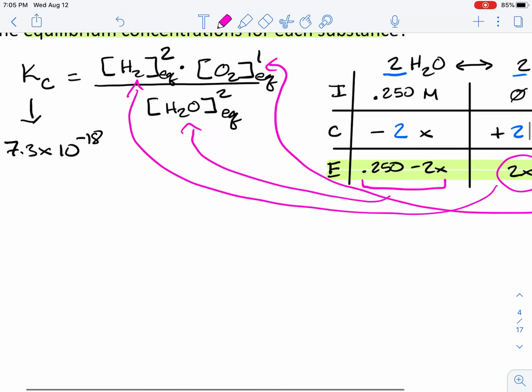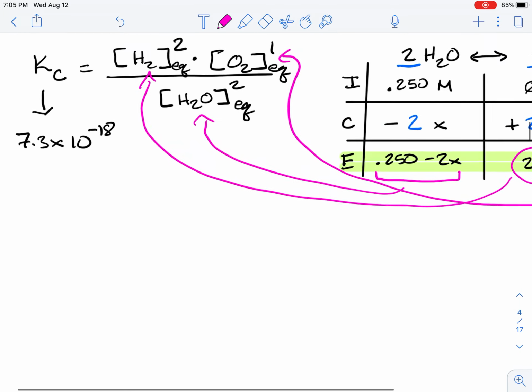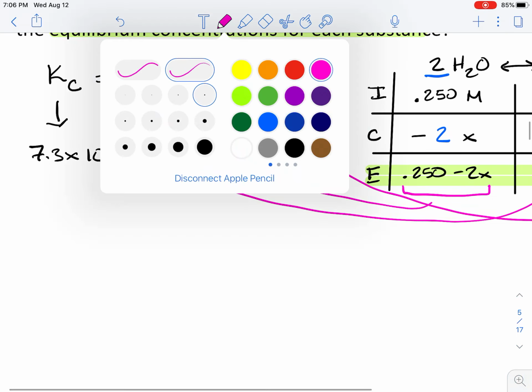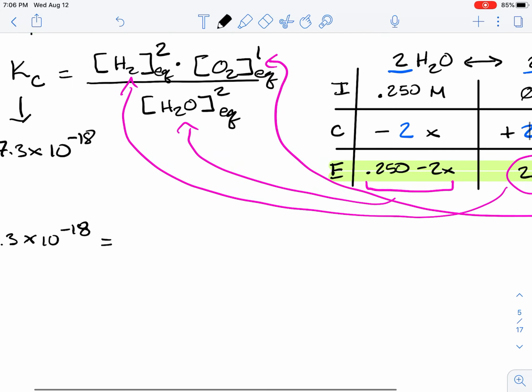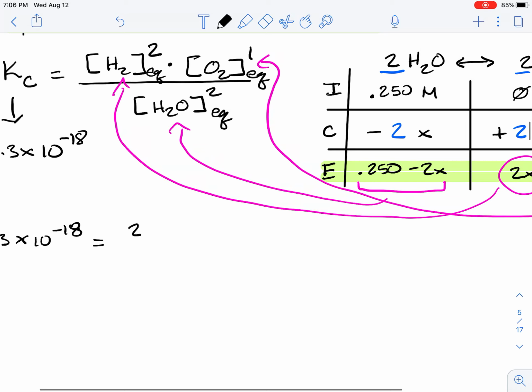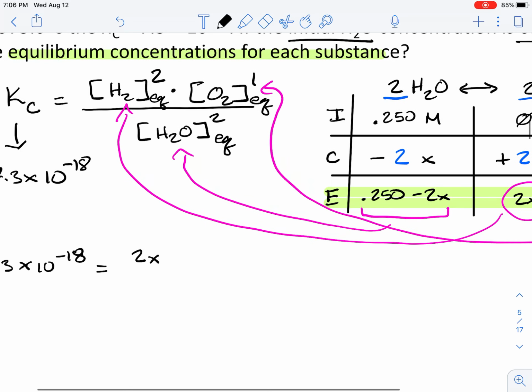All right, and so if I do that, I'm going to get 7.3 times 10 to the negative 18, which is my value for Kc, and that's going to equal 2x. Now, don't forget the powers.